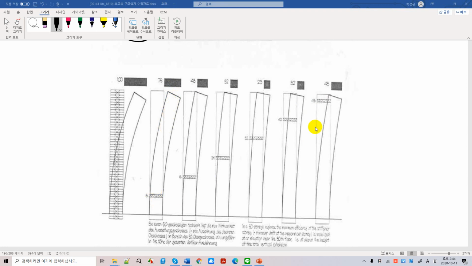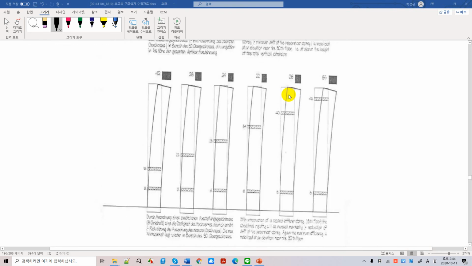Okay, then this must be giving you an idea where your outrigger must be placed.